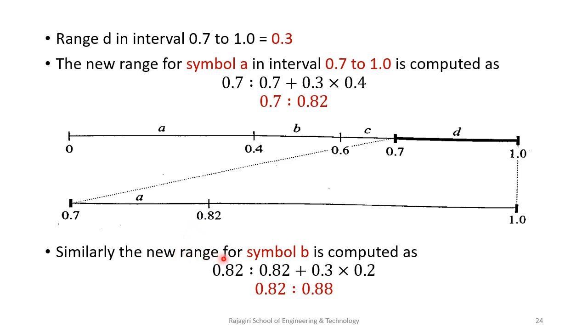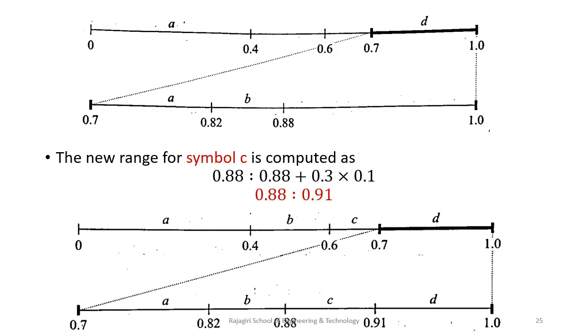Similarly, the new range for the symbol B is computed as the lower limit, which is 0.82, to the upper limit. The upper limit is calculated as the lower limit 0.82 plus D, which is 0.3, times the probability of symbol B, which is 0.2. So we get the subrange of B as 0.82 to 0.88.